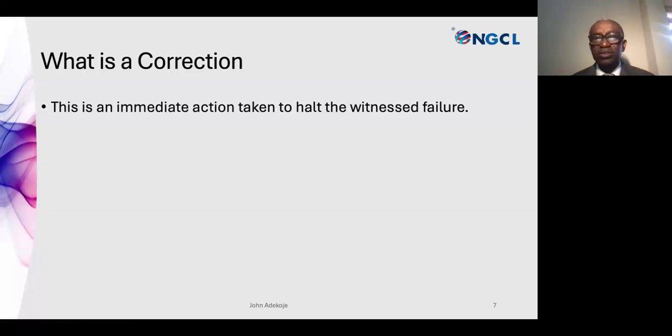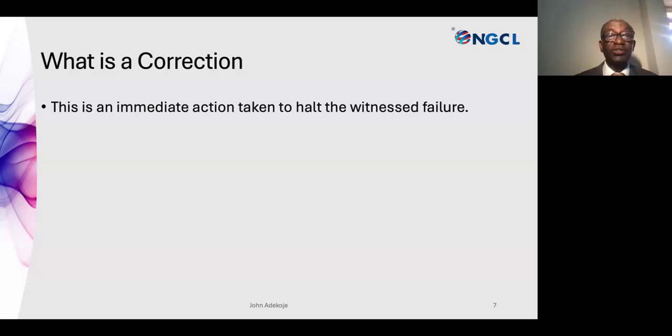It is not what we wrote down that we'll be doing as an organization, or what the standard says we should do. We discover that it is not, and the auditor points it out immediately. The first thing the auditor or the organization does is to just halt it. You stop doing it the way you're doing it because it's not in line with what you have planned, and that is correction. You put a correction in place to halt it.